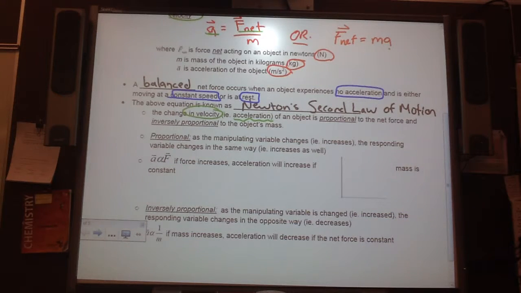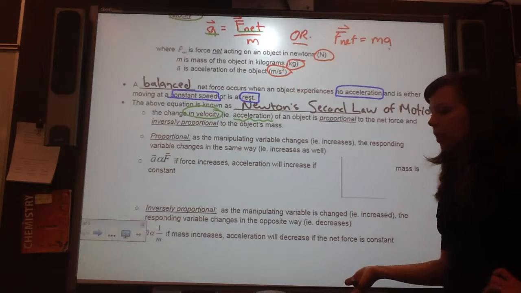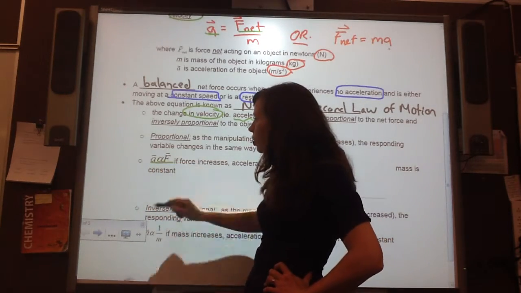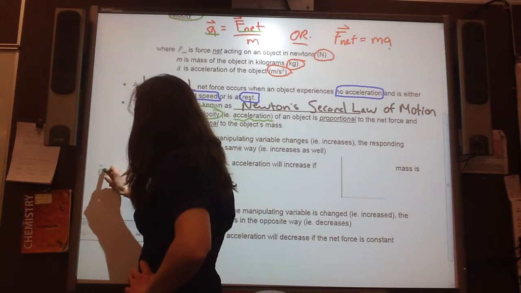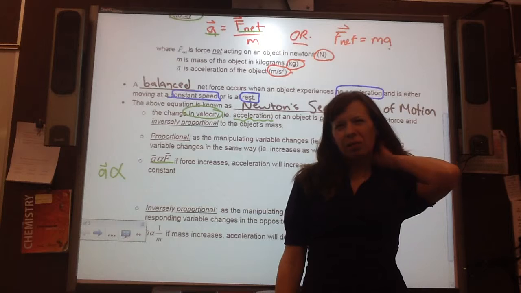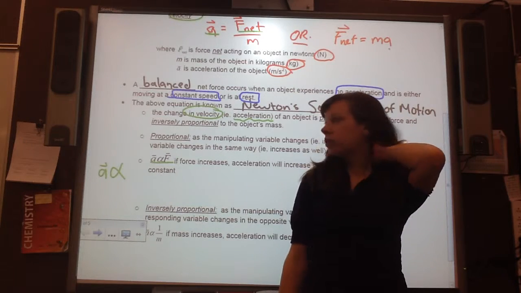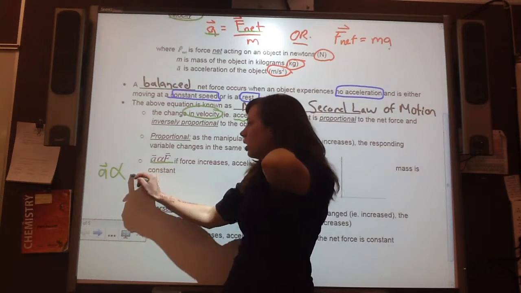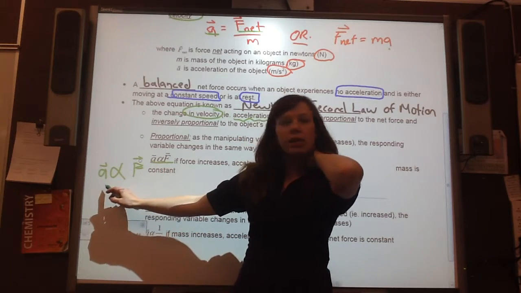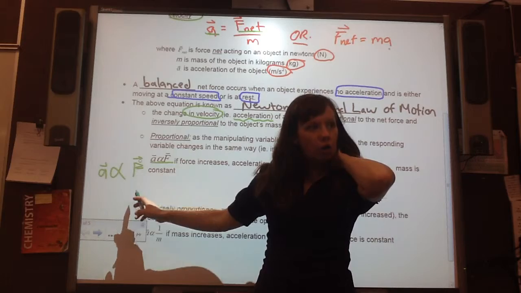Okay? So comparing A and F, we say A is proportional to F. That's what that symbol means. Have you guys seen that before? No? Okay, so that symbol means proportional to. So that means as A increases, F will also increase.